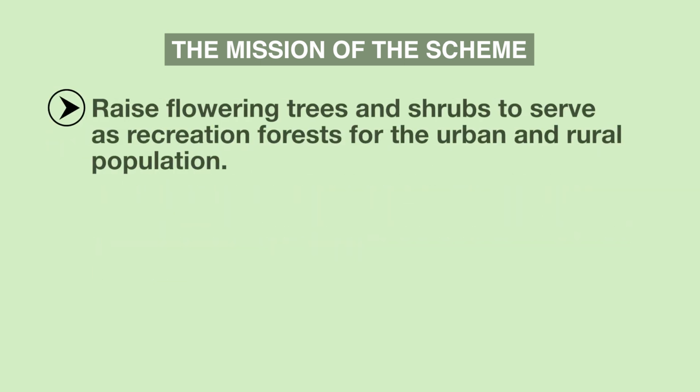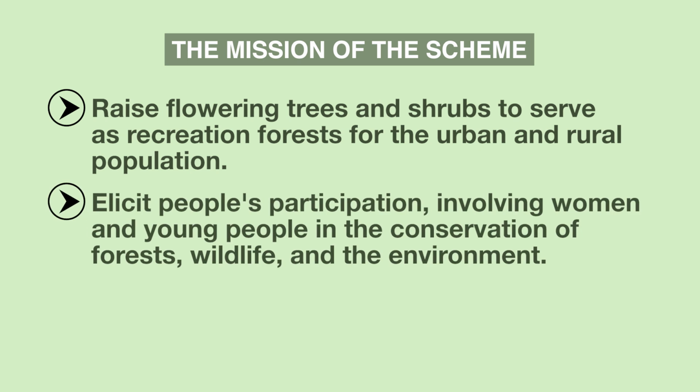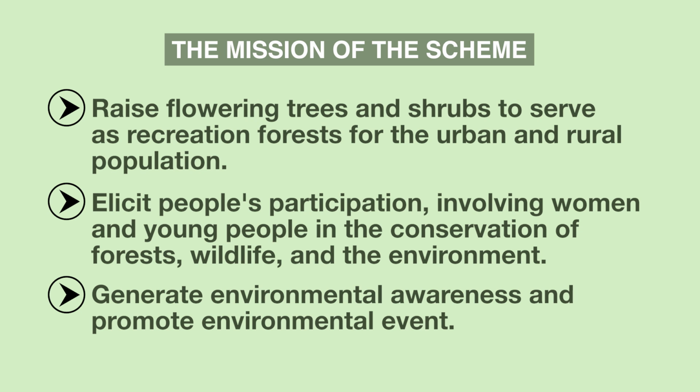Raise flowering trees and shrubs to serve as recreation forests for urban and rural population. Elicit people's participation involving women and young people in the conservation of forests, wildlife, and the environment. Generate environmental awareness and promote environmental events.